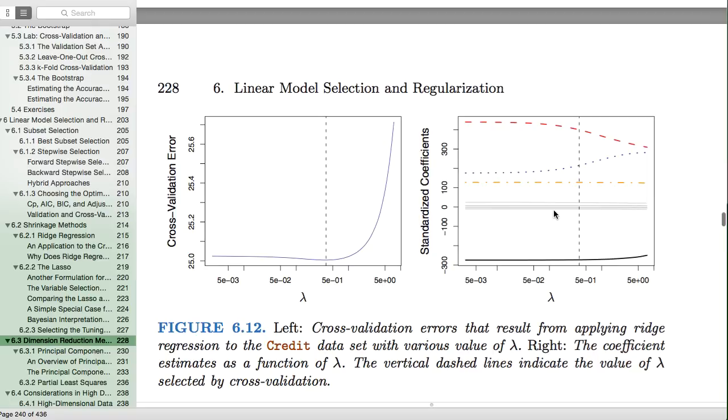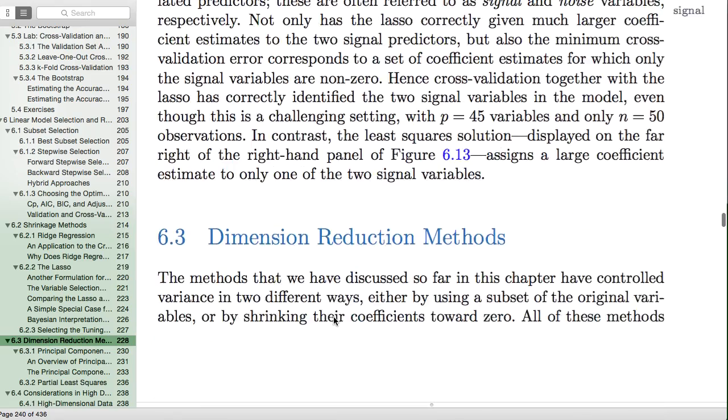Here's an example of cross-validation on the credit data that is used prominently throughout this. So here's the value of lambda that's chosen by k-fold cross-validation with k equals 10. And I believe there's another picture of the same.